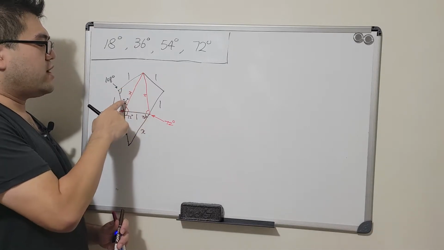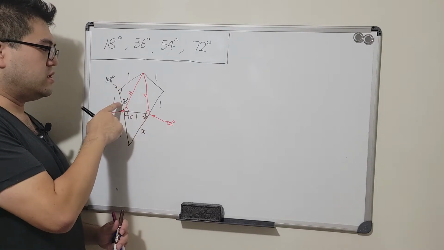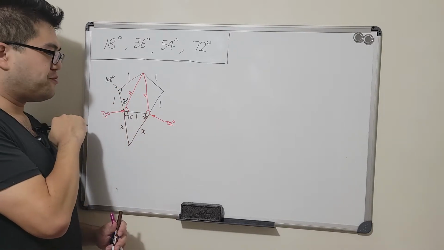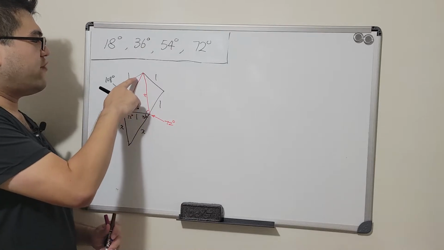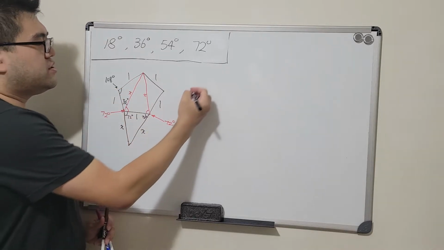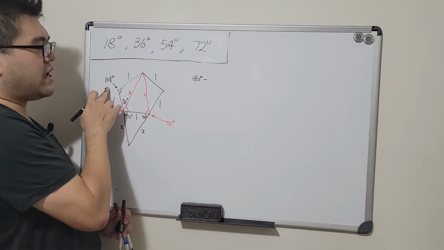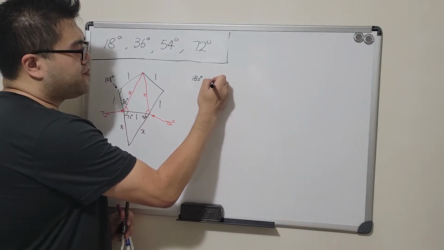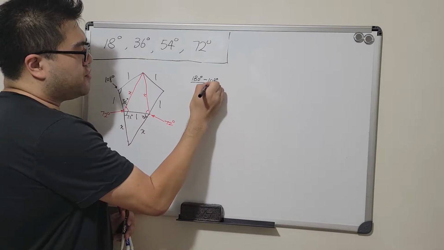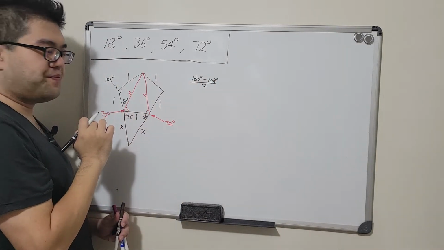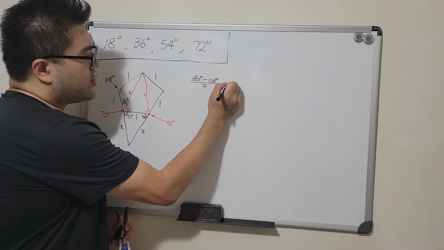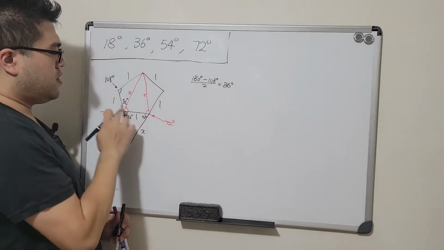Meaning the two angles here will also have the same measure. To figure out each one, we just need to use the total sum 180 degrees minus the angle that's given, and divide by 2 because they are the same. So we get 36 degrees on each side.